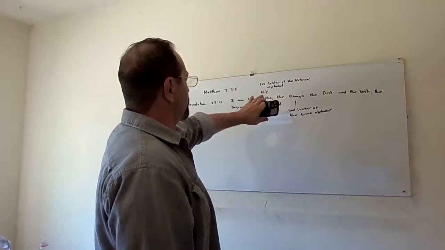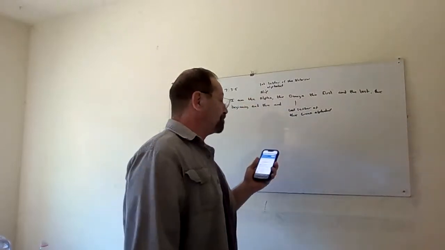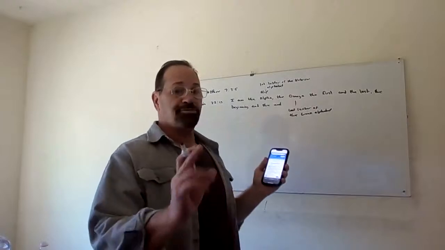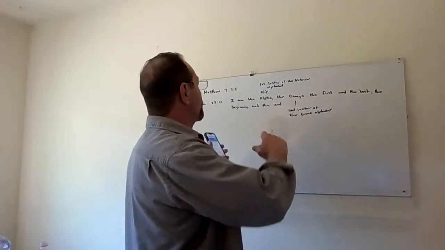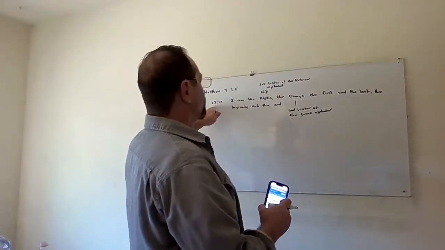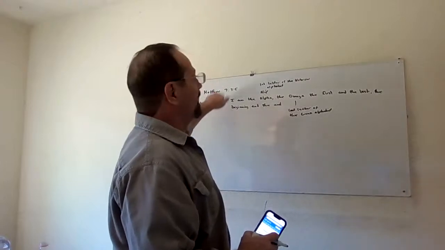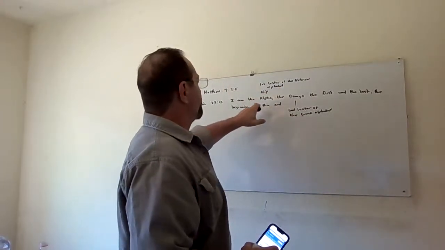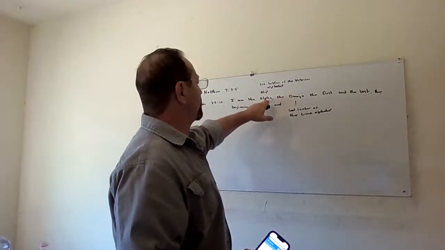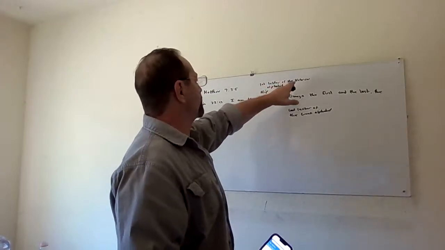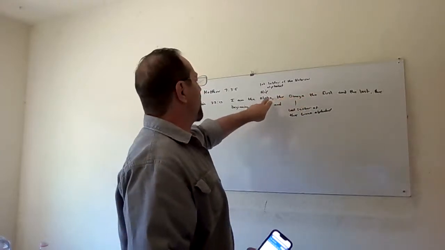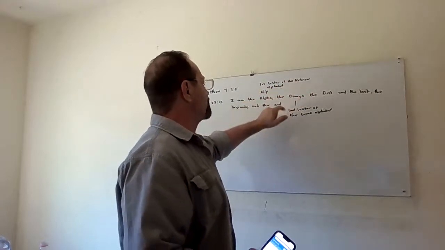If you go to Bible Hub and you ask for Revelation 22:13, you put the cursor on the word Alpha, it's going to tell you the first letter of the Hebrew alphabet, of Hebrew origin.